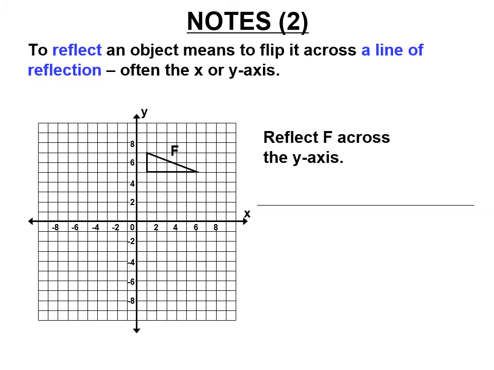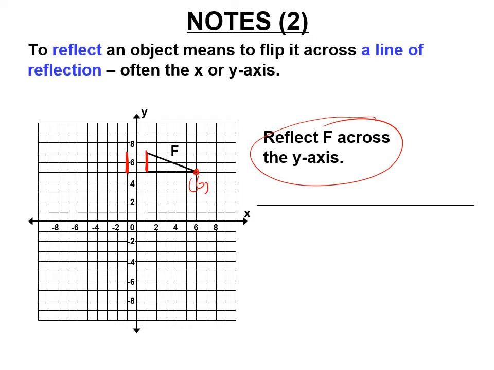So let's do this. So it says reflect F across the y-axis. So if I said x-axis would be going down here, okay, but I said y-axis. It's not always the closest one, so you have to read it. So notice, this is 1 unit away, so you flip it over to the other side 1 unit away. Now here's the key to this one.